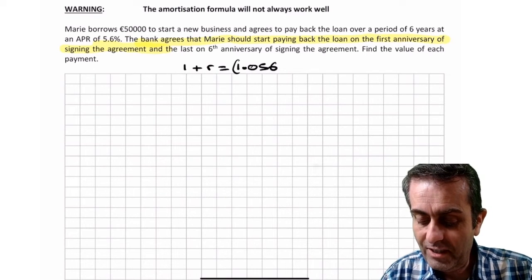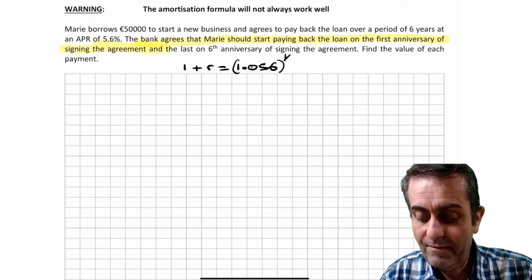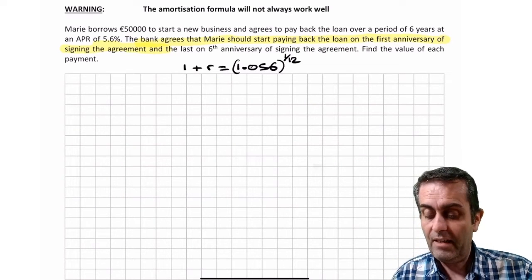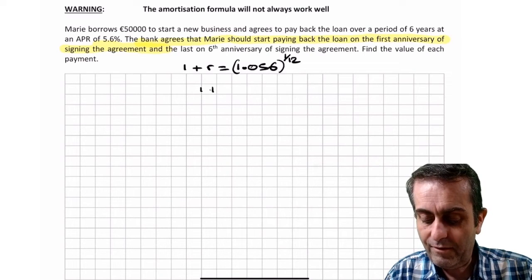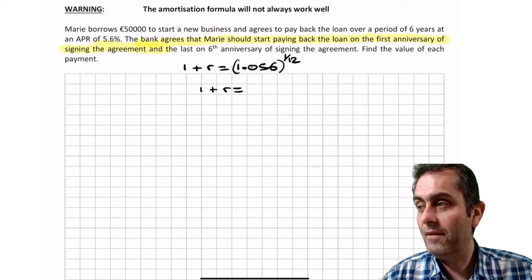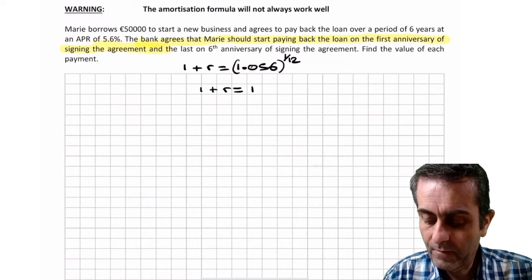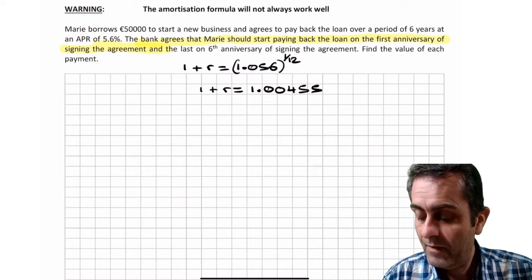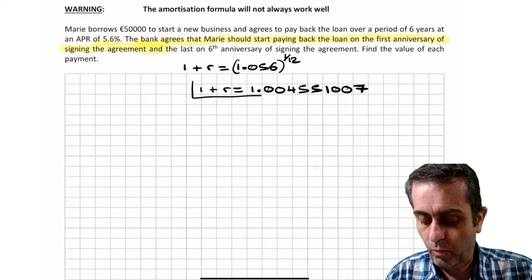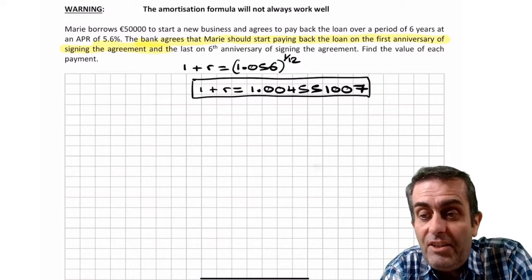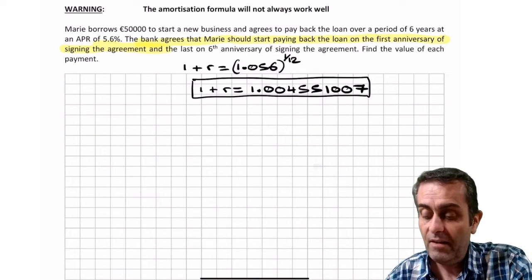Now that's an annual interest rate, so we now have to put that to the power of 1 over 12 to convert it to a monthly interest rate. Now that's going to give us a value of 1 plus r is equal to 1.004551007.